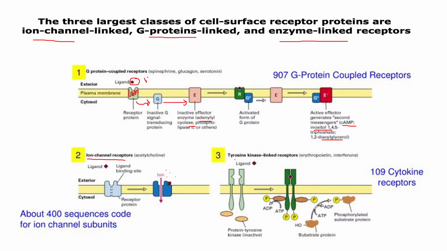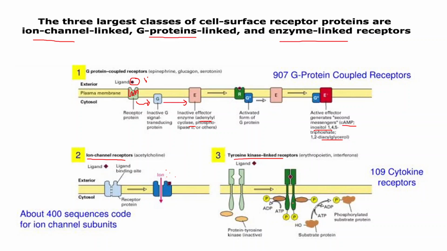Now you have the tyrosine kinase linked receptor, okay. So what is the tyrosine kinase receptor? This is the tyrosine kinase receptor, and this is the ligand. Once the ligand binds to this tyrosine kinase receptor, the receptors come together and form a dimer, okay.